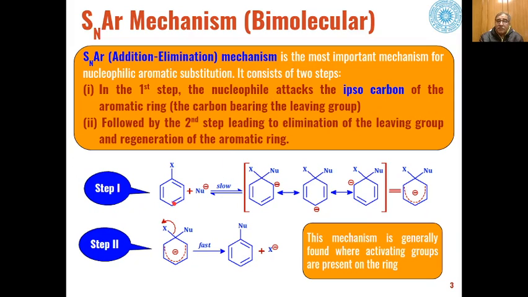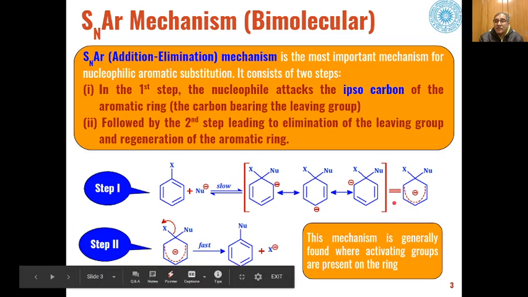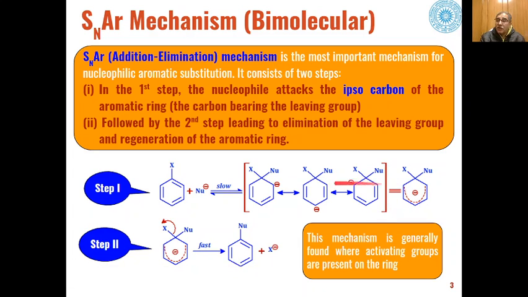In the first step, the aryl halide reacts with a nucleophile, which is a slow process, and an intermediate complex is formed during the reaction, where the nucleophile gets attached to the carbon where the halogen is attached.